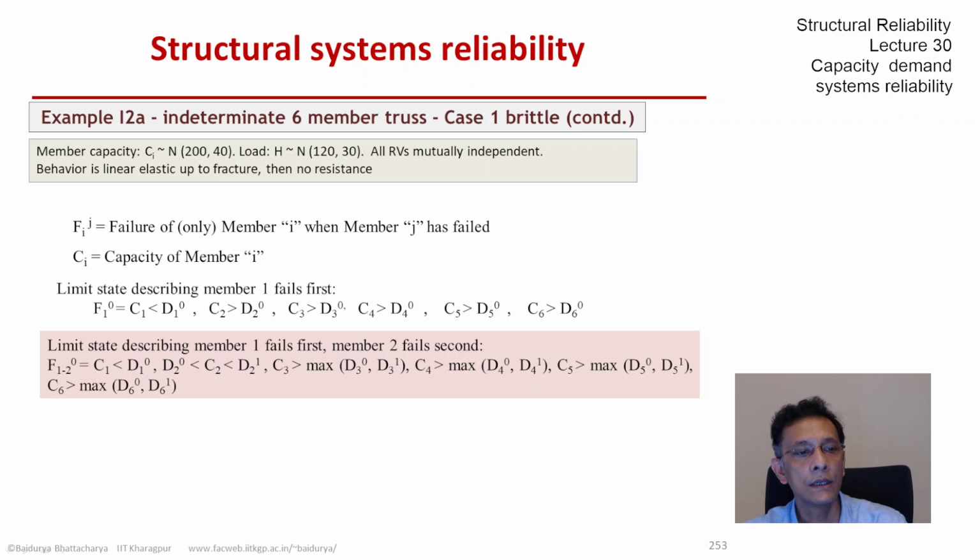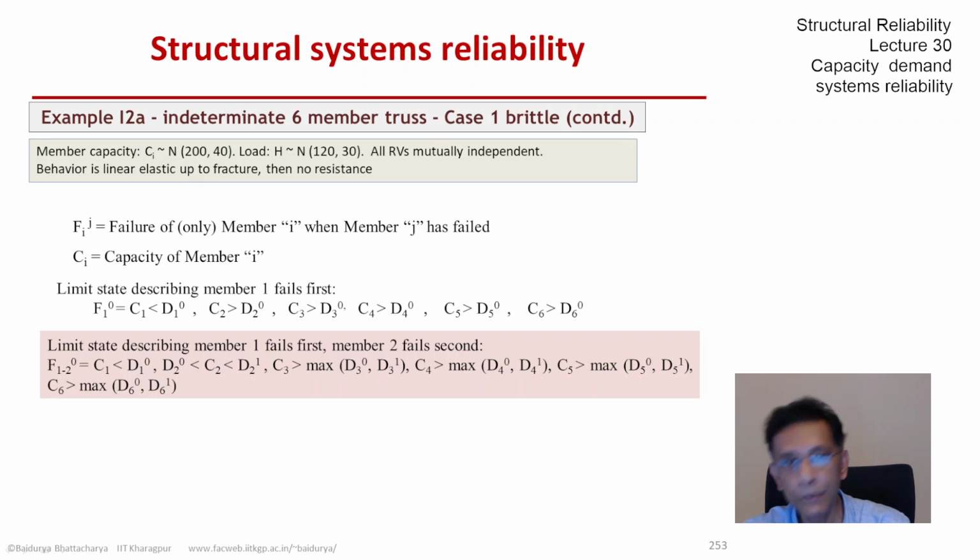D02 is less than C2 as we had before, but then C2 is no longer able to take the load after member 1 has failed, so C2 is less than D12. So we have one combined event, that C2 is greater than D02 but less than D12.